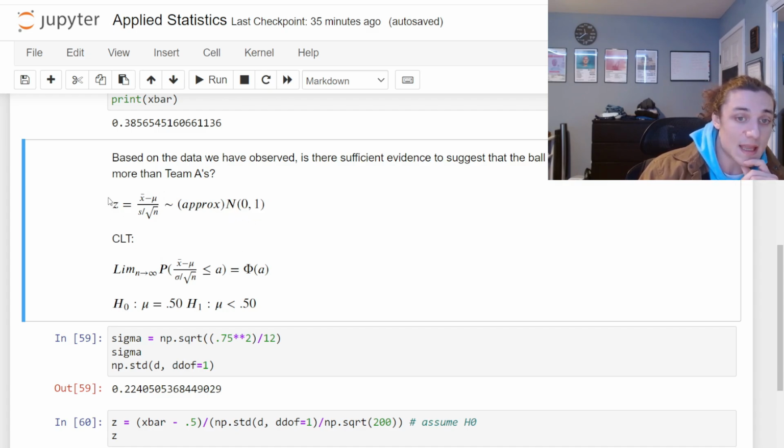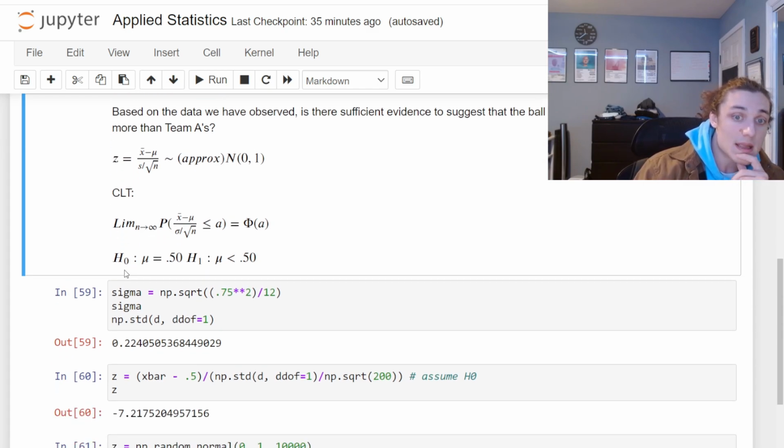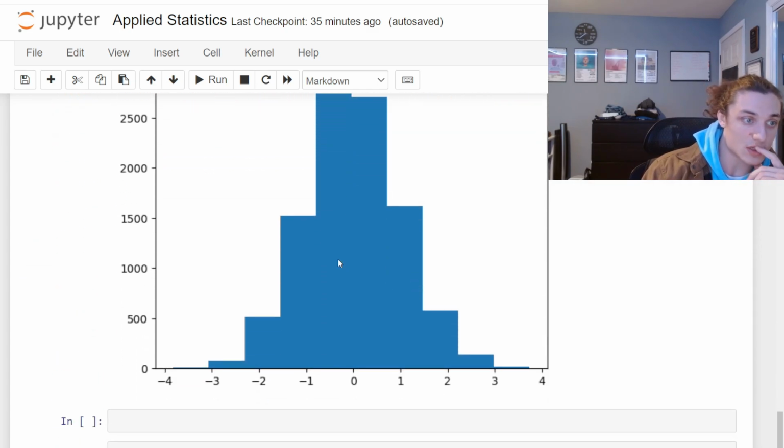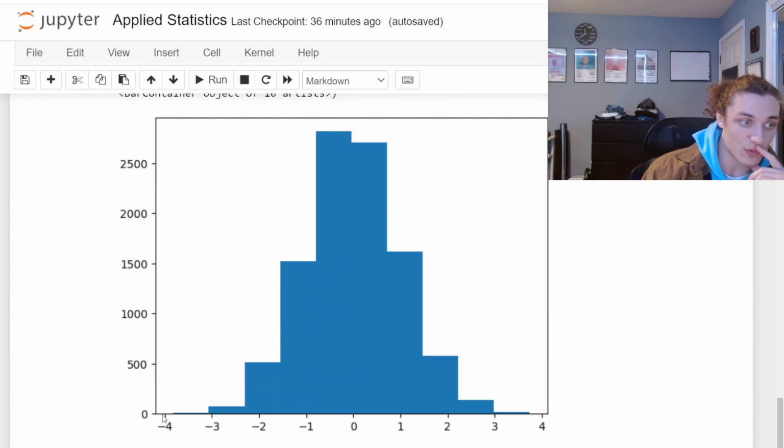If this is the case, then we pose this question: if the true population mean is 0.50, what is the probability of observing this sample? So we scroll on down here and just look at this distribution. This is 0.4. There's almost no mass here. If we go all the way out to -7, it's going to be a puny number.